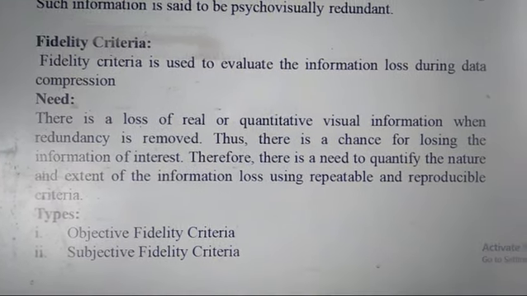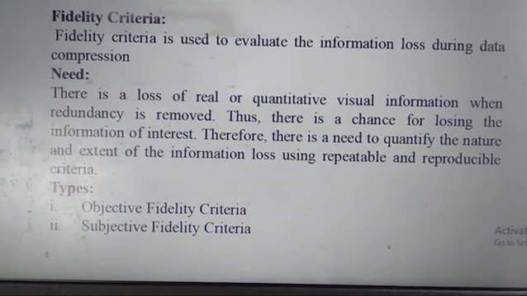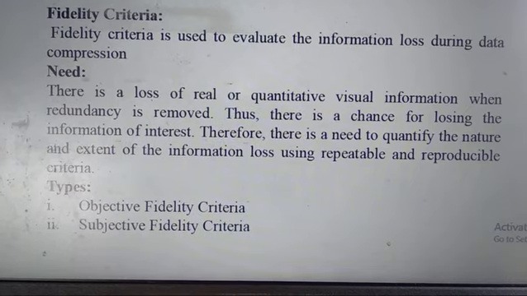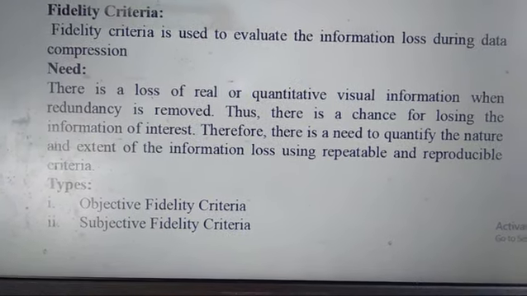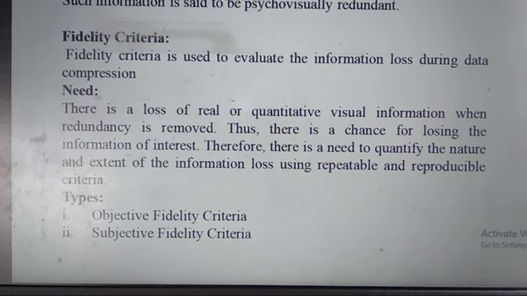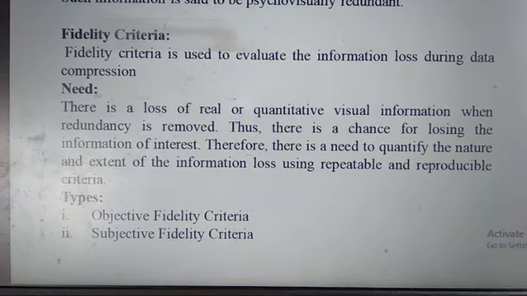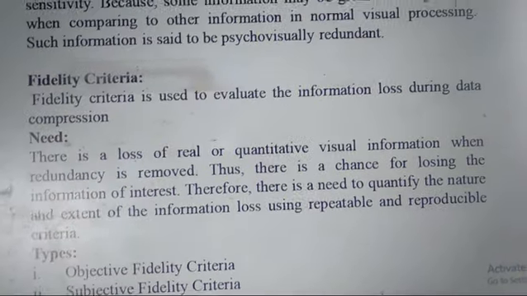Thus there is a chance of losing the information of interest. Therefore there is a need to quantify the nature and extent of the information loss using repeatable and reproducible criteria. According to that, there are two types of fidelity criteria: objective fidelity criteria and subjective fidelity criteria.